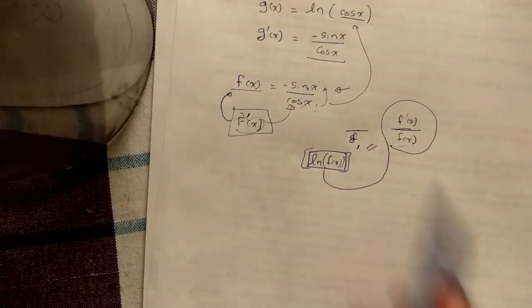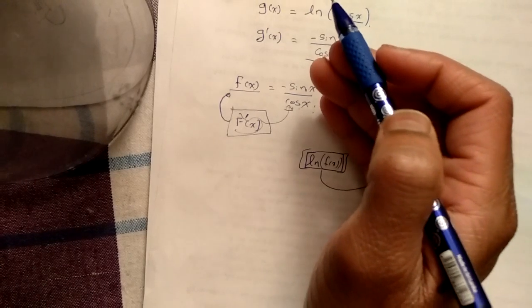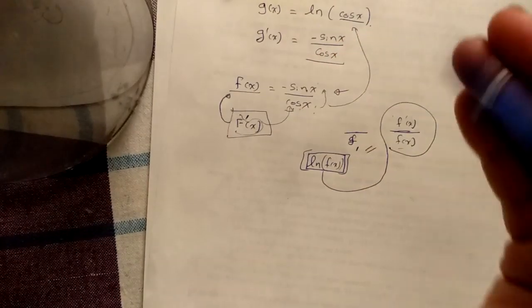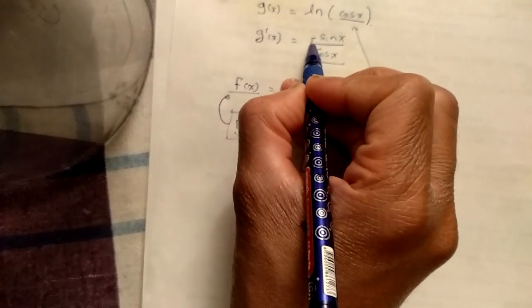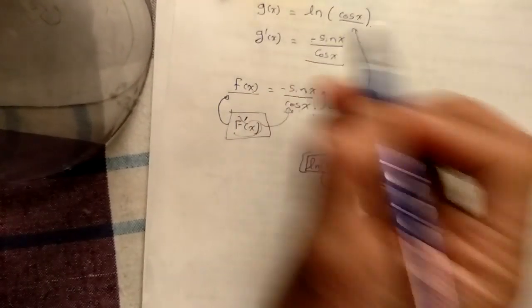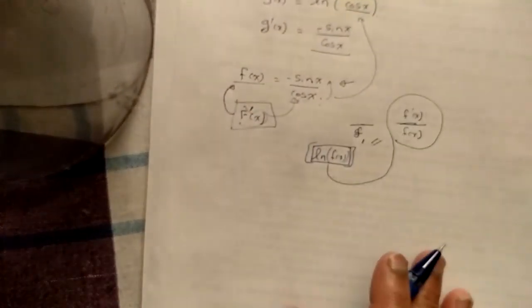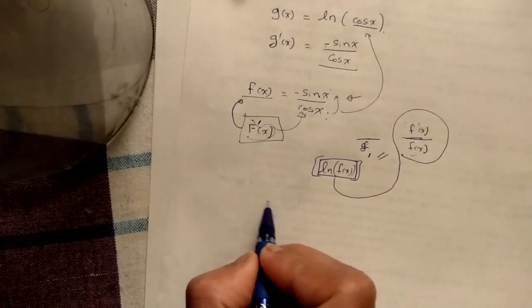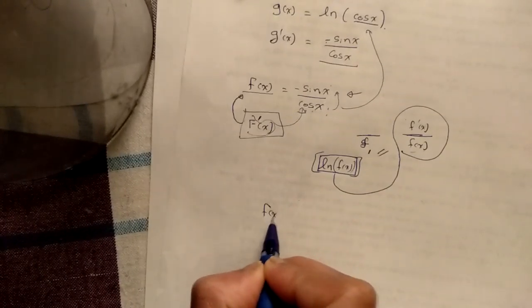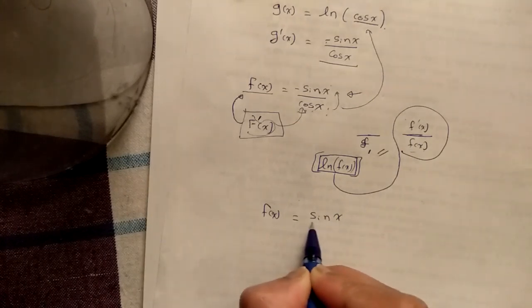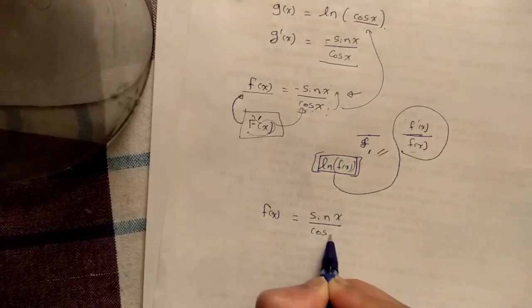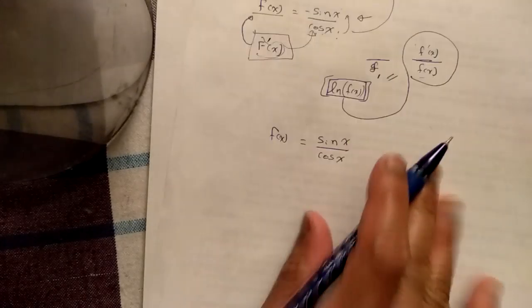And if we further try to change this function a little bit, how about if we have simple f(x) as sine x over cosine x? What is the antiderivative of this one?